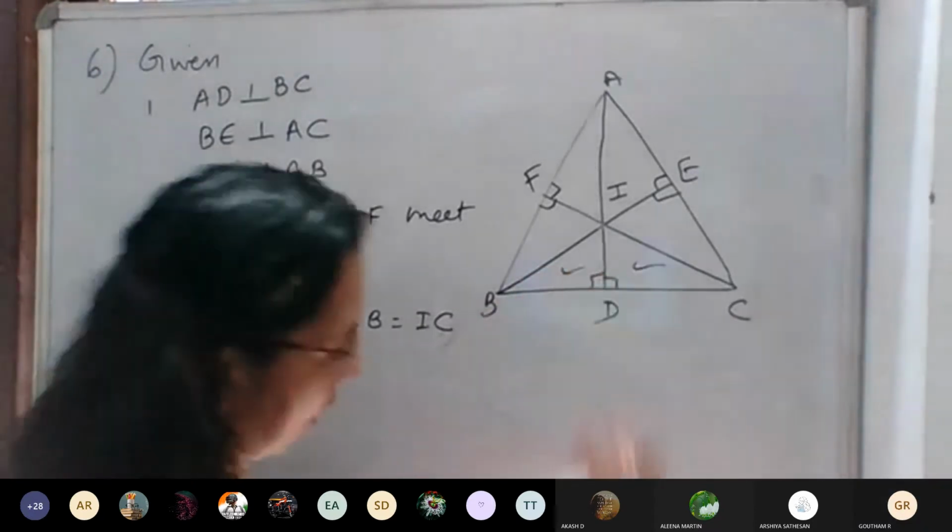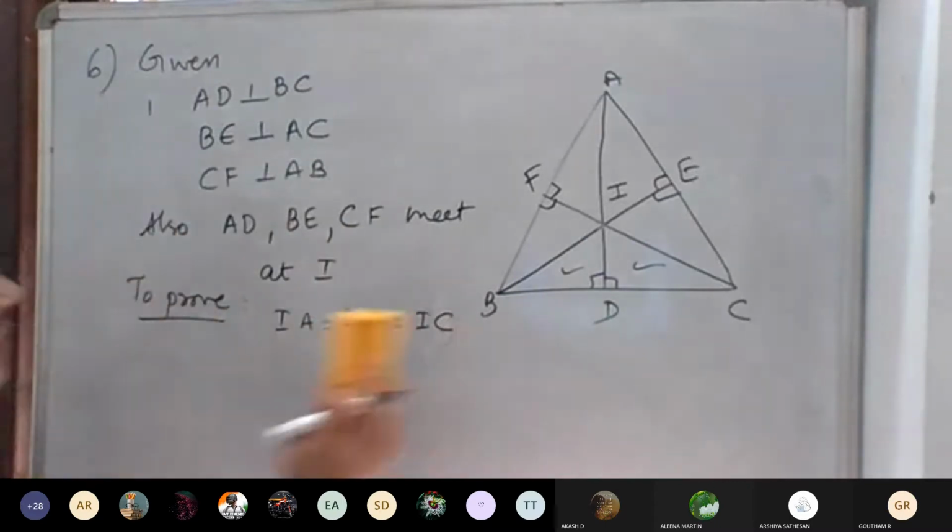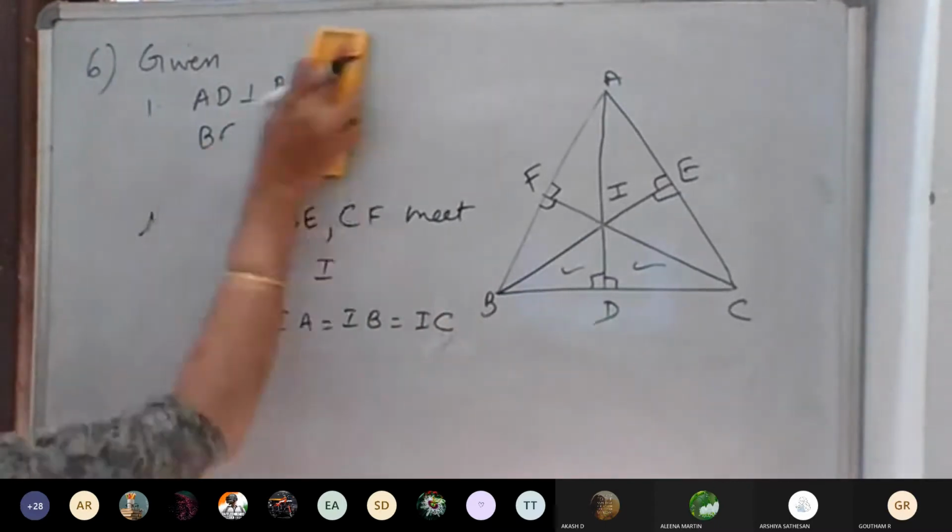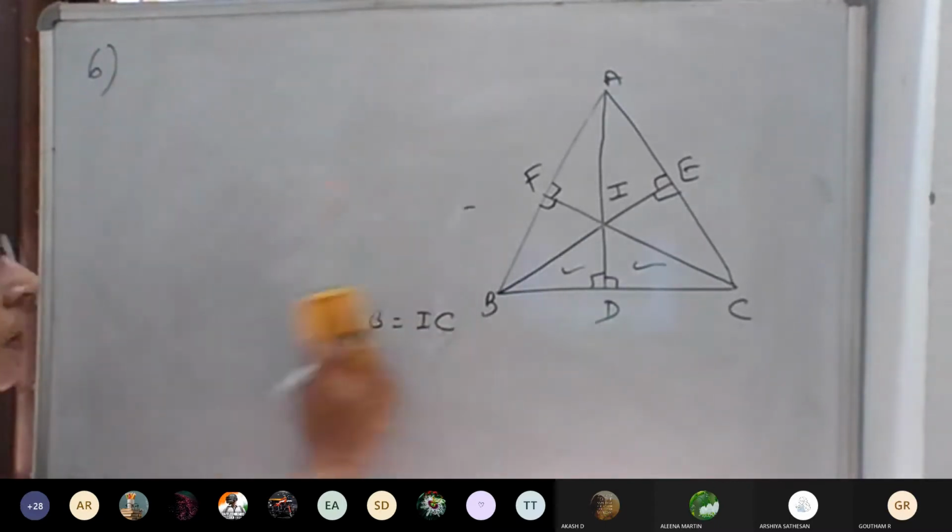If these two triangles are congruent, we can say that all the sides and all the angles are equal. So how can we start the question?